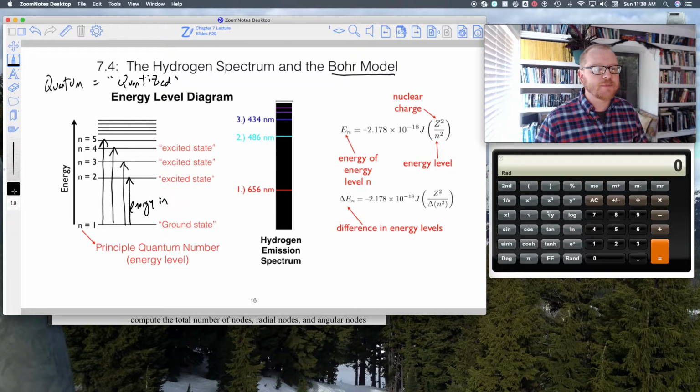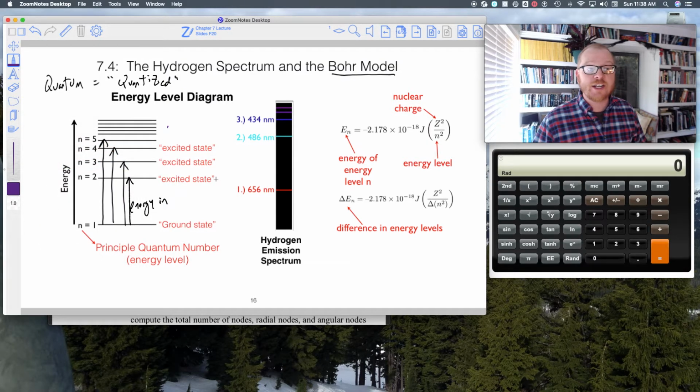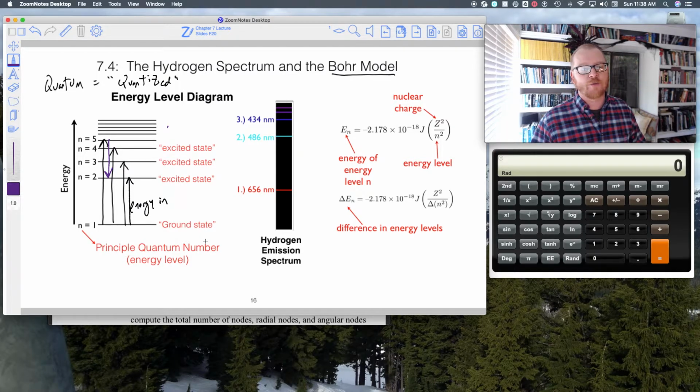And so now these atoms don't like being in these high energy states, so they relax. They relax by releasing energy, and that energy is quantized. Okay, so I'm going to draw a purple line right there going from 5 to 2.